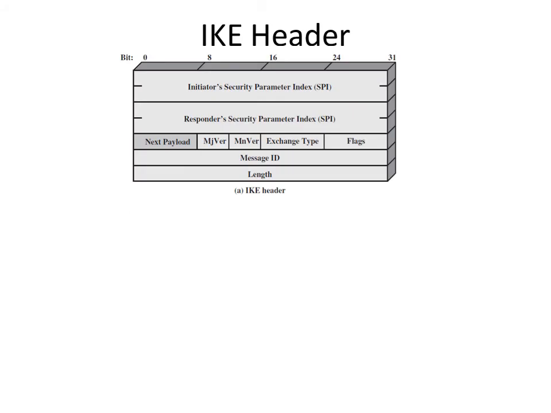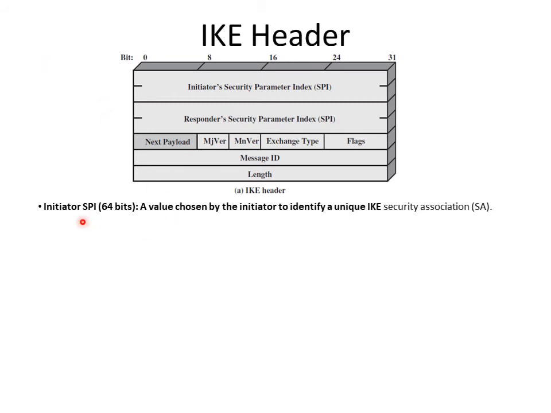Now this is the diagram for the IKE header, and we can see the initiator SPI is 64 bit. Here this is the initiator, and that is called the initiator security parameter index. It's a 64 bit value chosen by the initiator to identify a unique IKE security association.